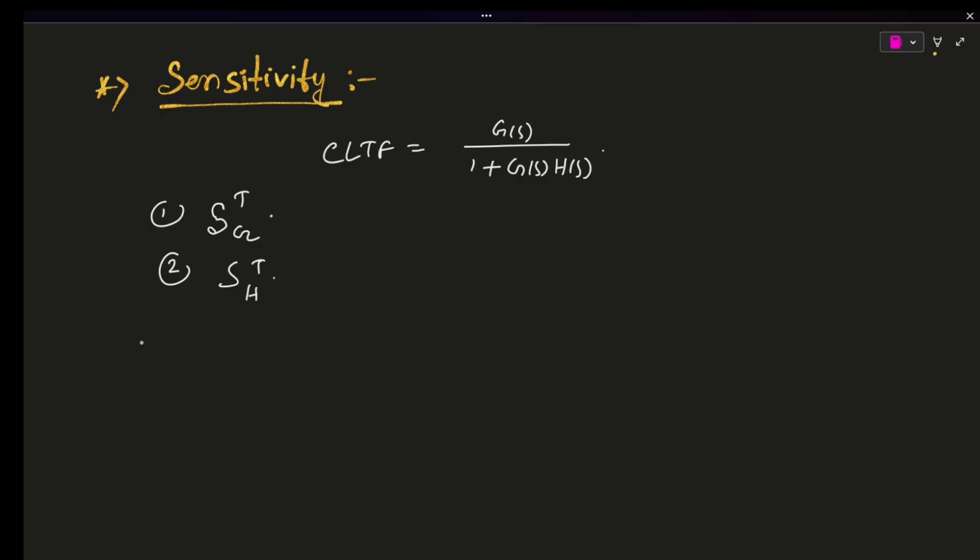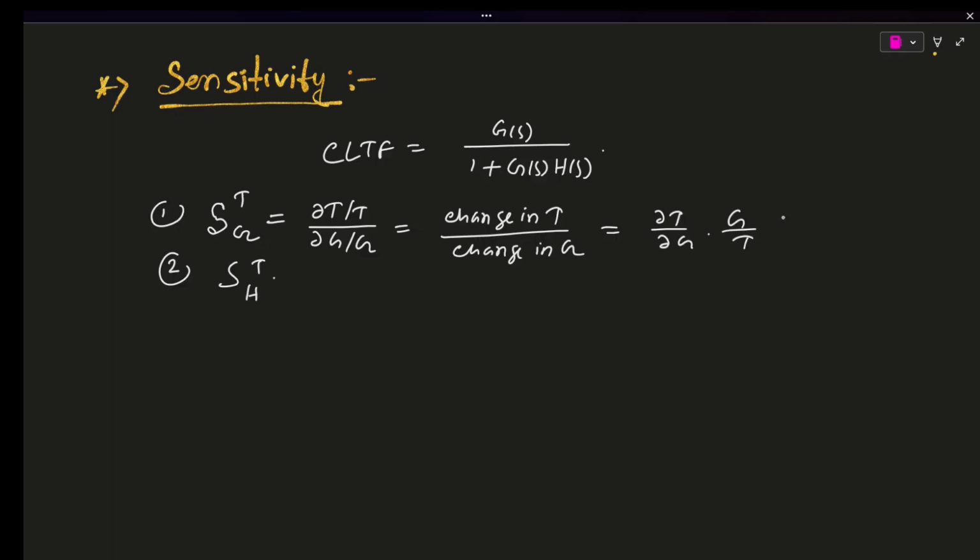So at first, I am just writing the formula. Sensitivity of the system with respect to G equals del T by T divided by del G by G, which equals change in T divided by change in G, that is dT by dG into G by T. So its value will be 1 by 1 plus GH.